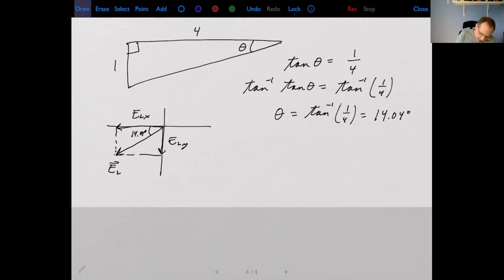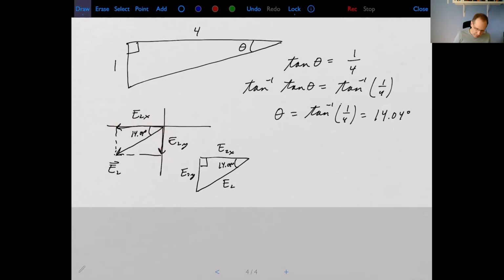So then if we extract out this little right triangle here, right, again, if this is 14.04 degrees, this is E2y, this is E2x, and this is the magnitude of E2, which we already know, right, the hypotenuse, then we can figure out the components, right? And in fact, because the x component is pointing to the left, it's got to be negative, and the y component is pointing down, it's got to be negative, right?